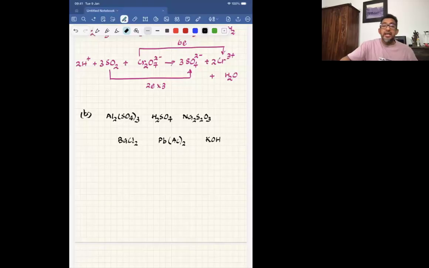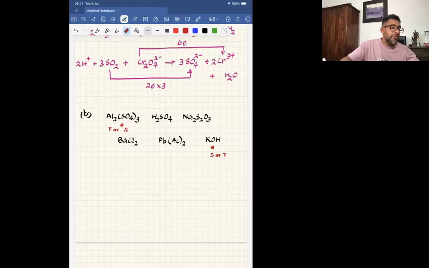T and S gives you a gelatinous white precipitate. Aluminium and then this KOH. So T and S, gelatinous white precipitate. So this can be T or S. This can be S or T. So U and R gives you a white precipitate.